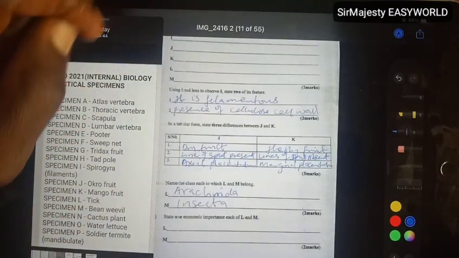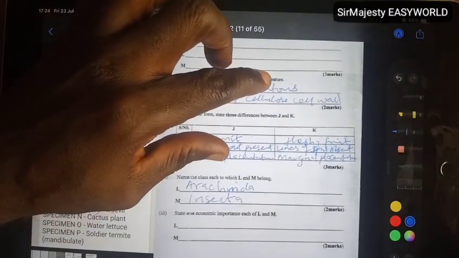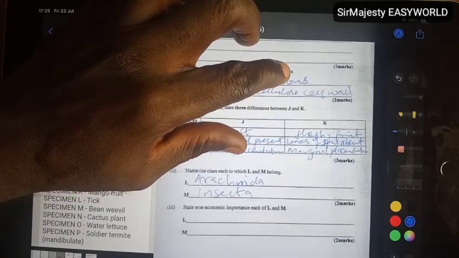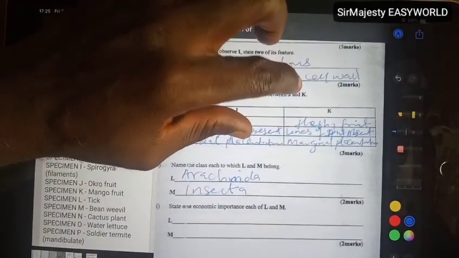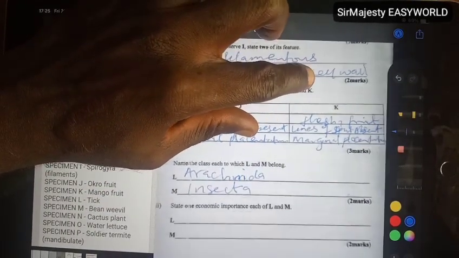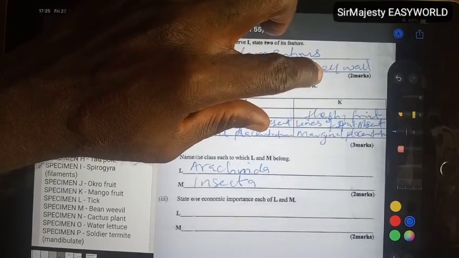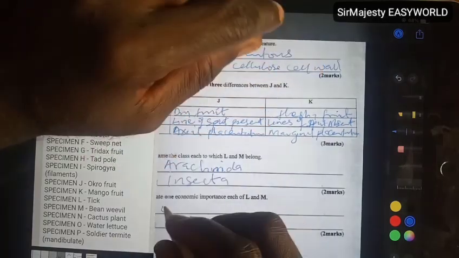The other one says state one economic importance of L and M. Of course, tick is an ectoparasite of most mammals.